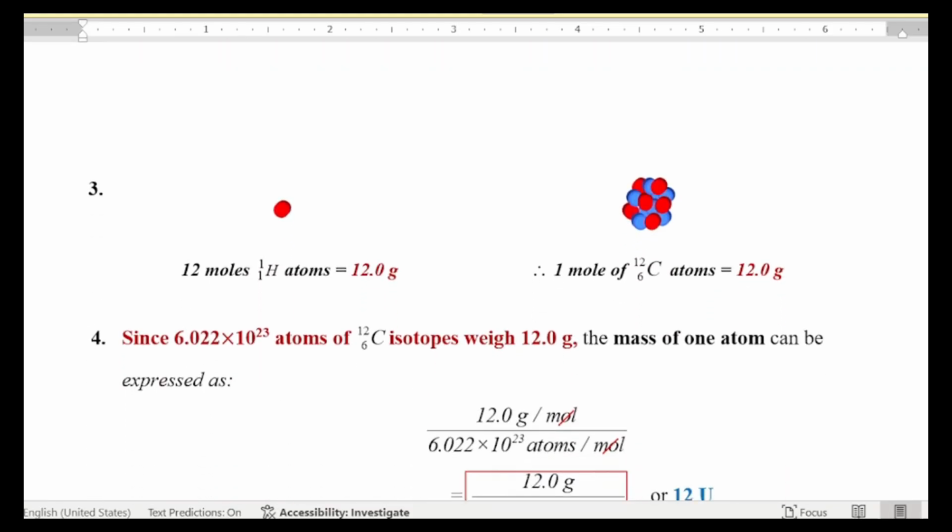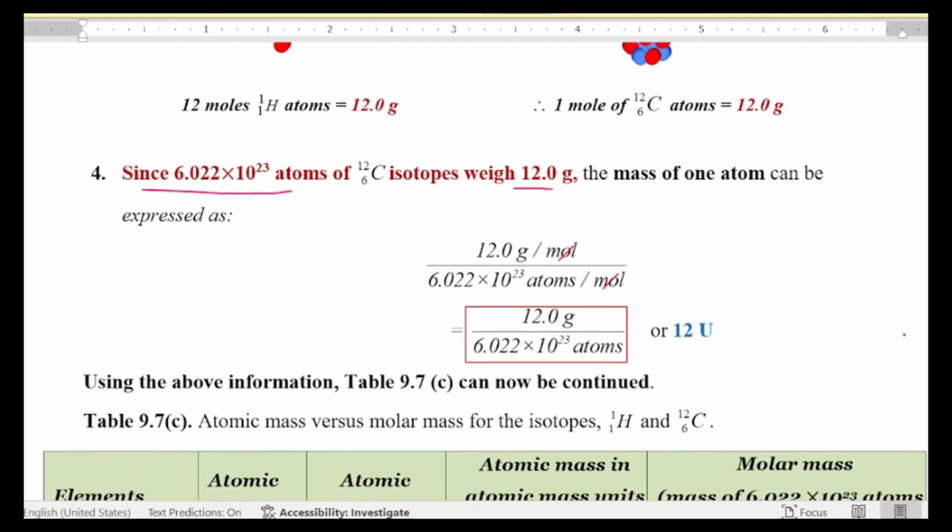Now again, since this large number of atoms weigh 12 grams, to find the mass of 1 carbon atom, we take 12.0 grams and divide it by Avogadro's number. So 1 atom of carbon will weigh 12 U, expressed in mass, in grams, will be this here.